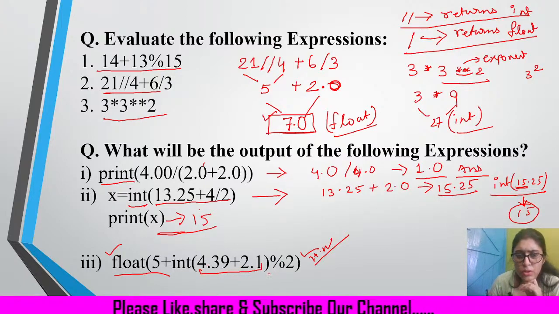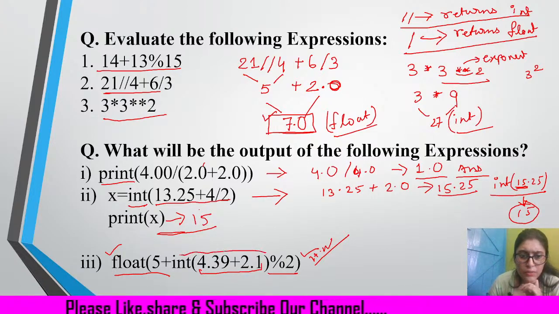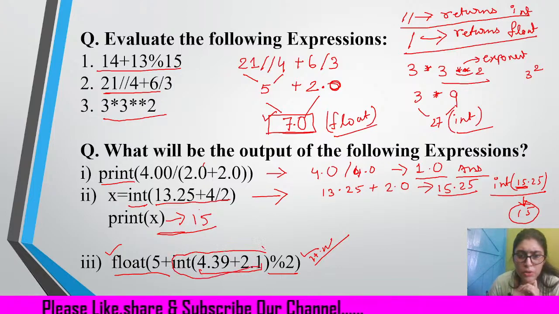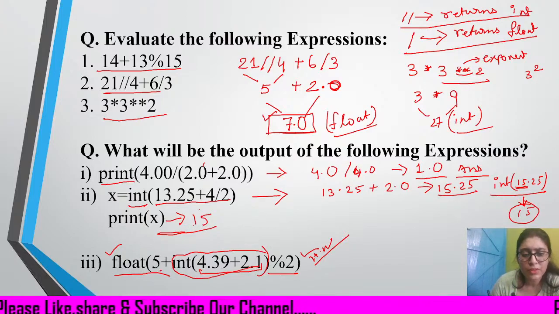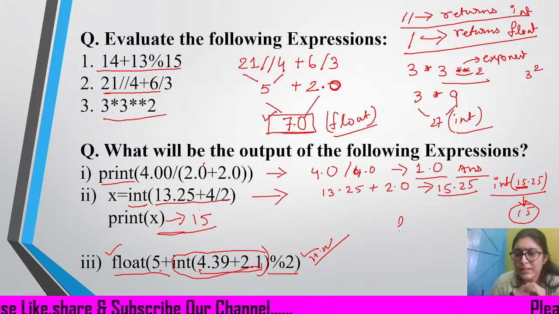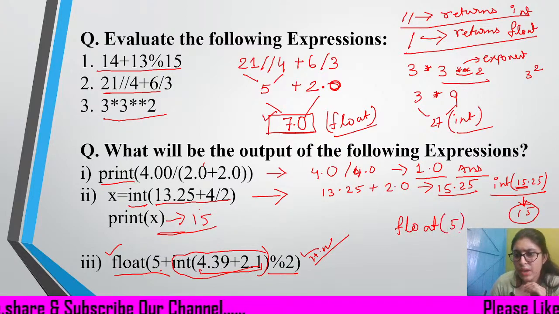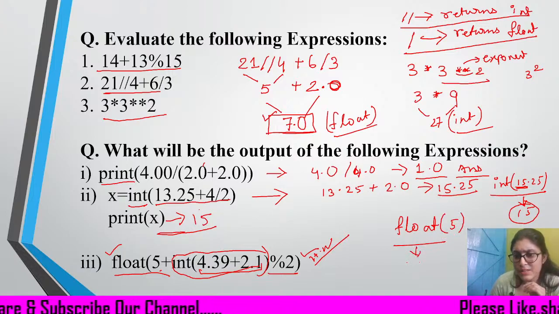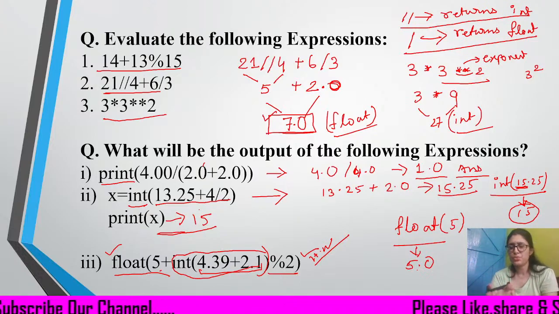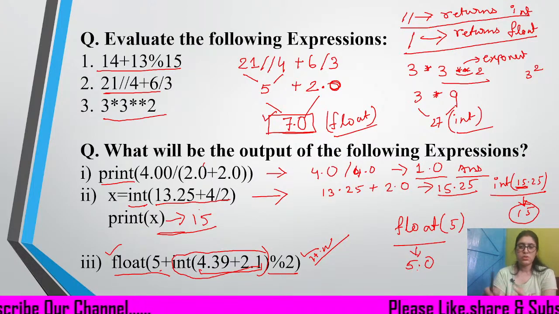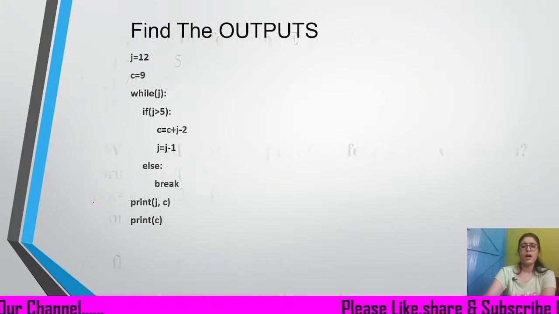Then you have to do the modular division with the result of this. Then plus 5, and then all the things will be converted into float. So just as an example, if I write float 5, then it will give you the result 5.0. If it is an integer number, it will convert it into a floating point number like this. So try it right now and tell me what will be the answer.